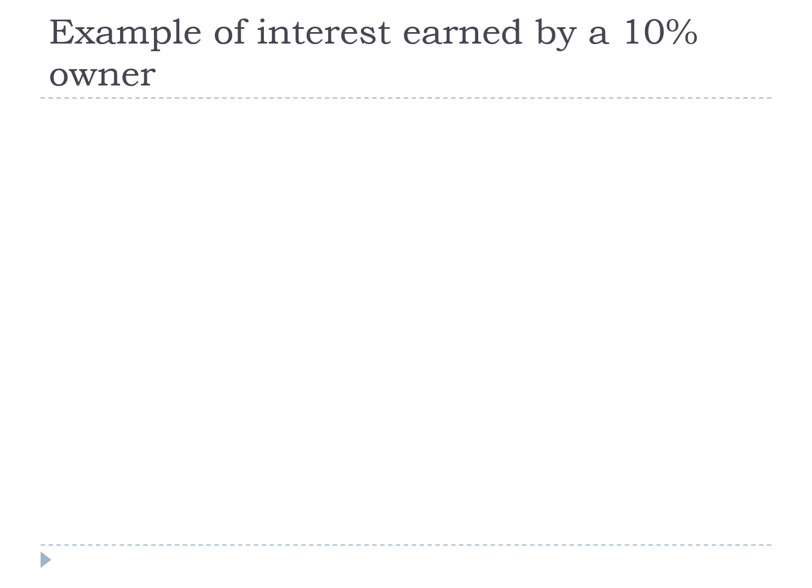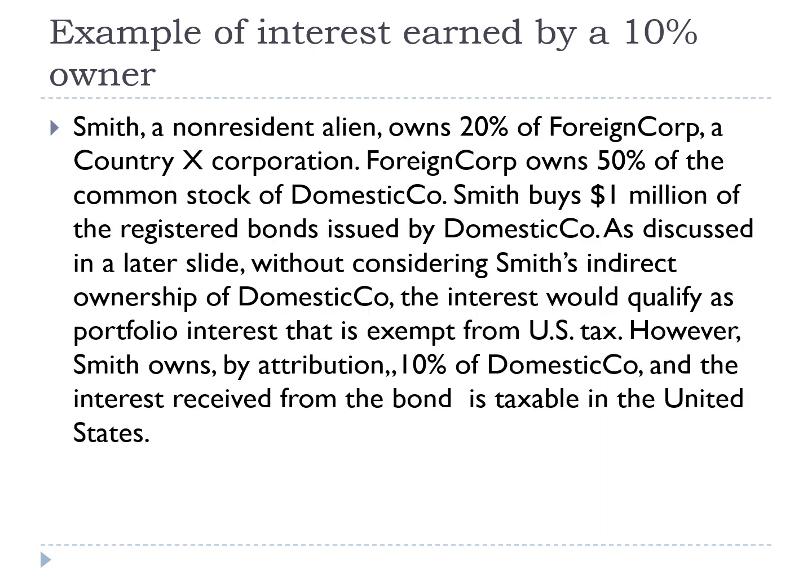Here's an example of interest earned by a 10% owner of a U.S. corporation. Smith, a non-resident alien, owns 20% of Foreign Corp, a Country X corporation. Foreign Corp owns 50% of the common stock of Domestic Co., a U.S. corporation.